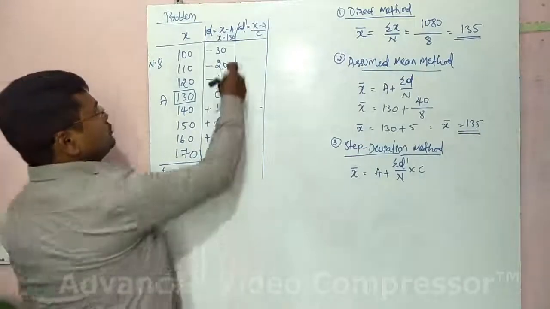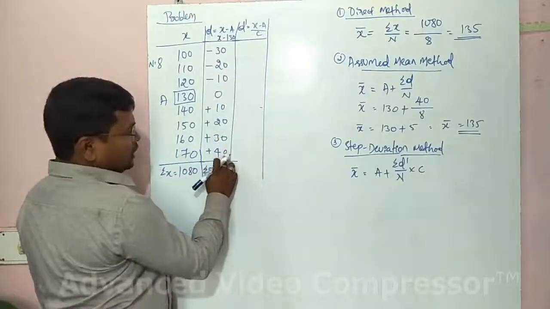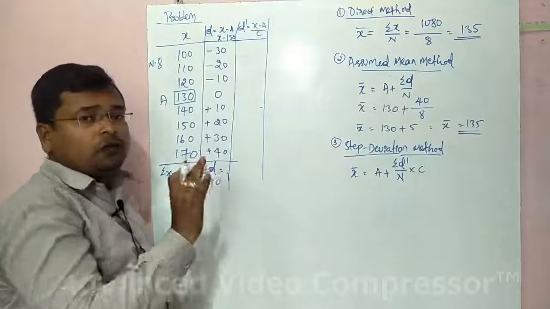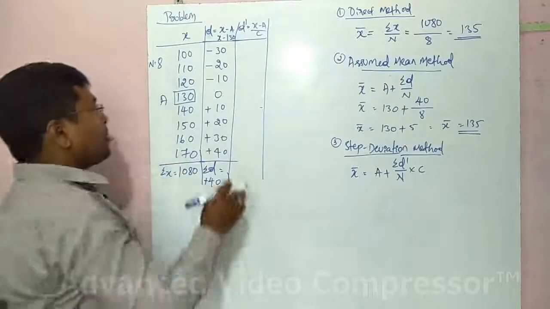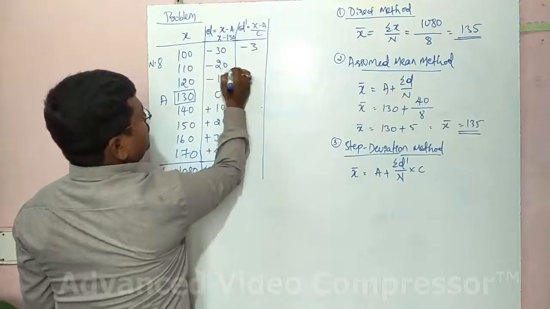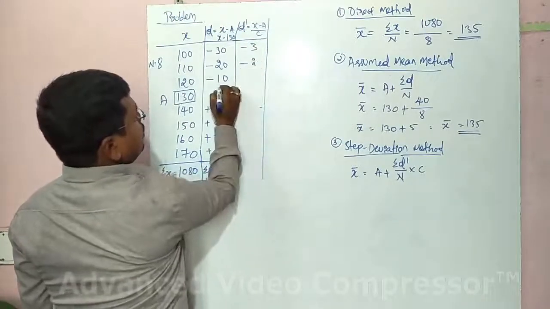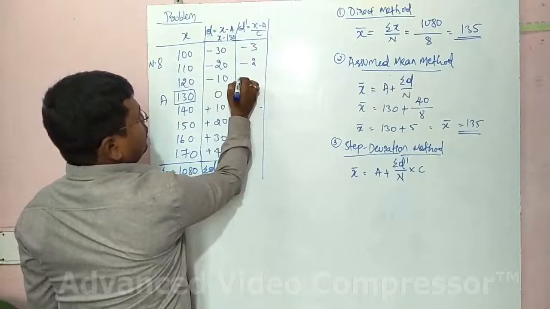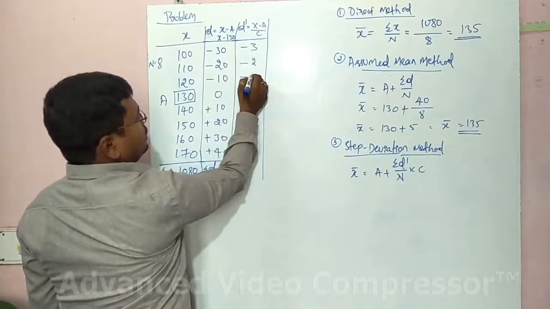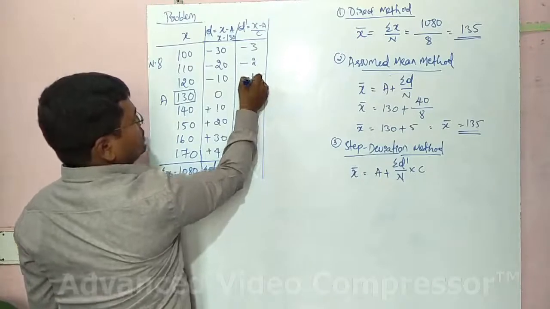So this is the D column that we have already calculated earlier, and now we have to divide this D column by the common difference, that is 10. So 30 divided by 10, minus 3, 20 divided by 10, minus 2, 10 divided by 10, minus 1.